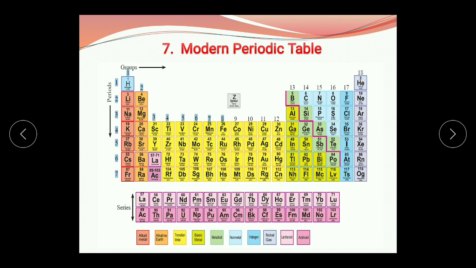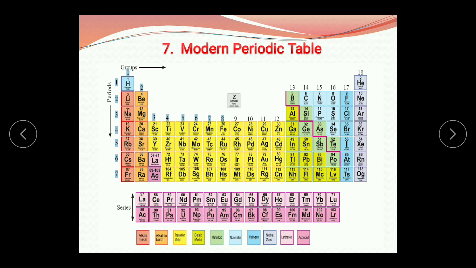inner shells are completely filled, and these inner electrons act as a screen between the valence electrons and the nucleus. They act as a screen or shield, we can say.